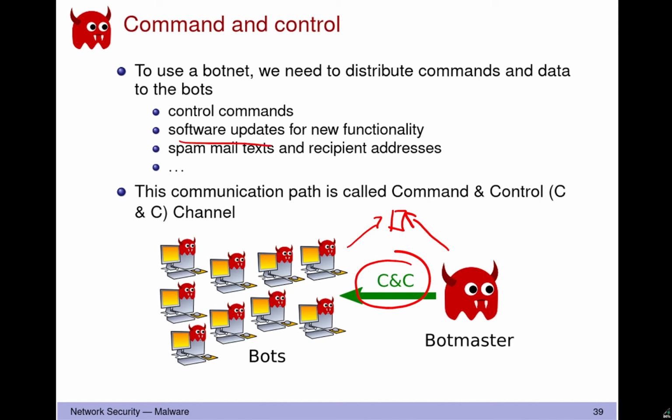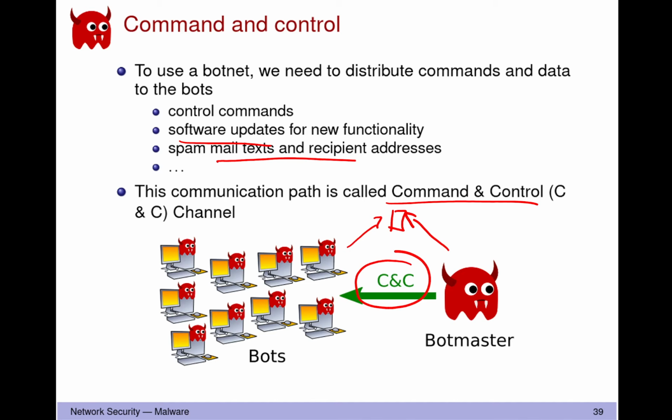I mean, this is a software, so new functionality can be added as well. To send also the payload, basically what email addresses to send emails to, what text to send, and so on. So we need some kind of command and control channel.